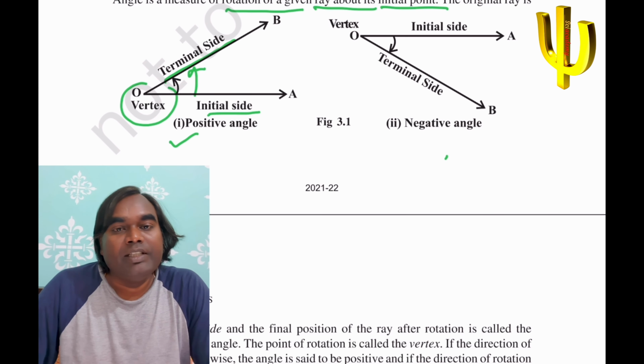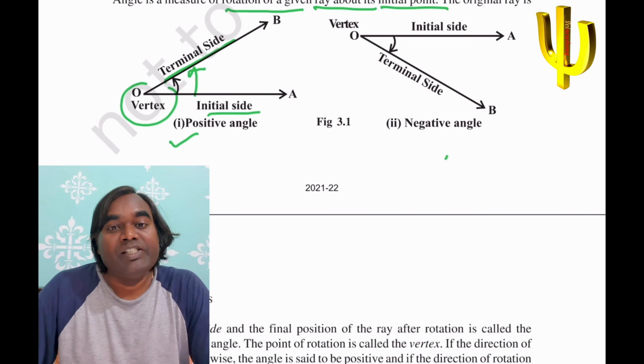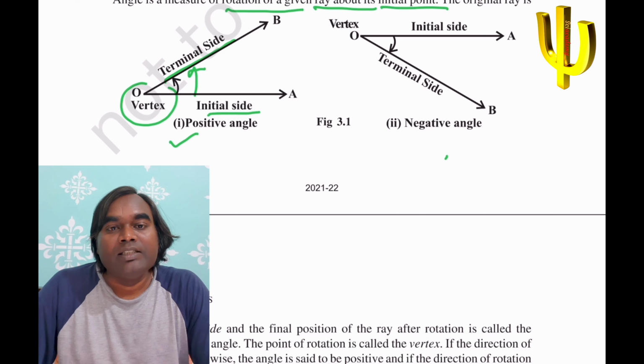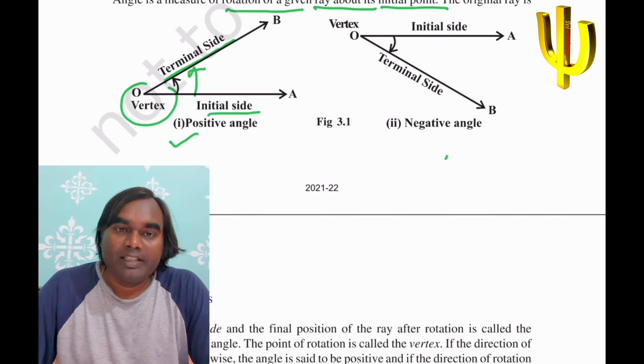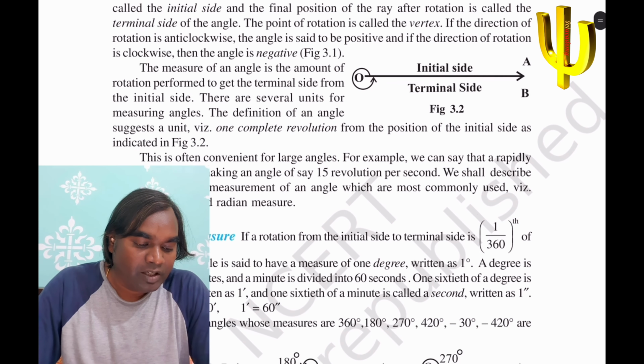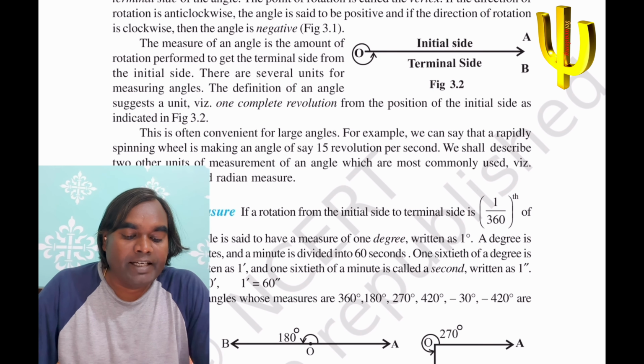If we rotate the initial side anti-clockwise, then the angle becomes positive, and if we rotate the initial side clockwise, then the angle becomes negative. The measure of an angle is the amount of rotation performed to get the terminal side from the initial side.